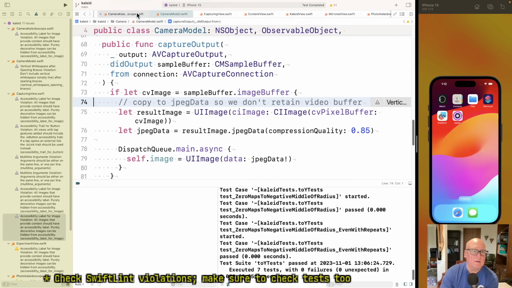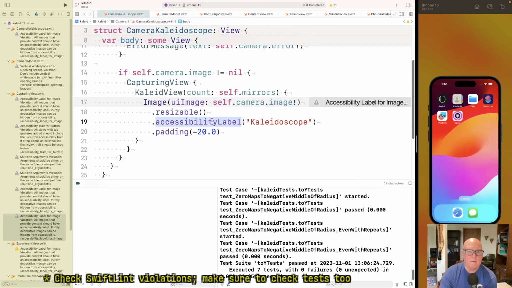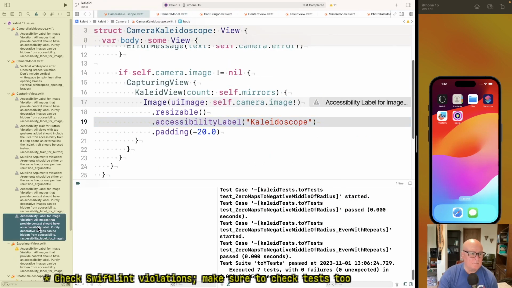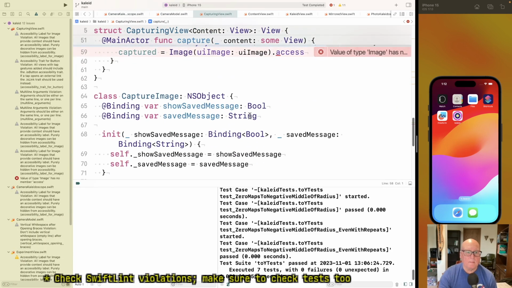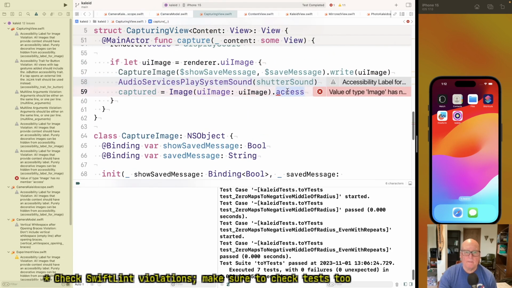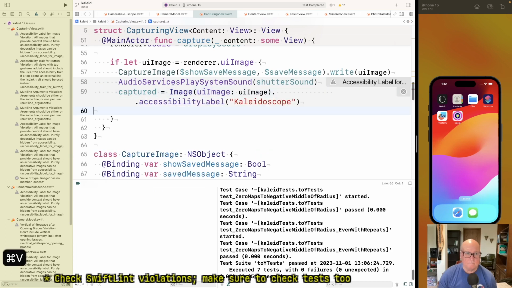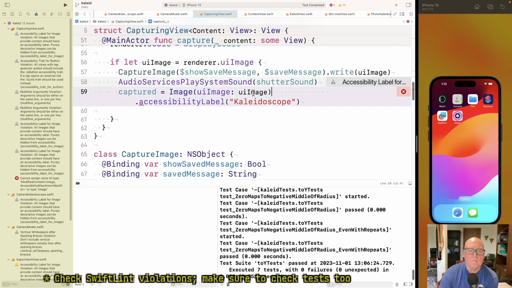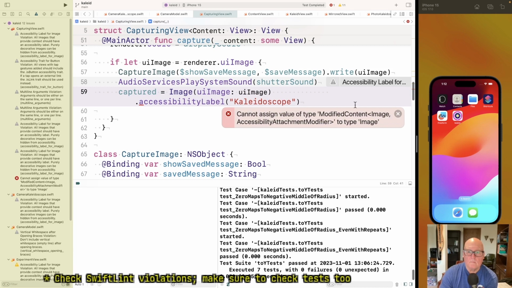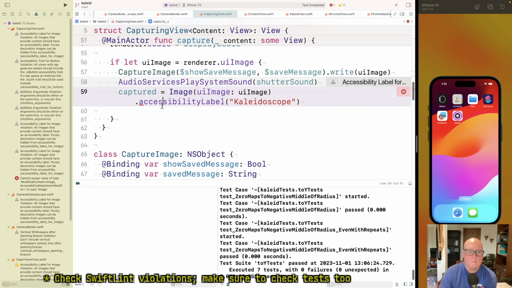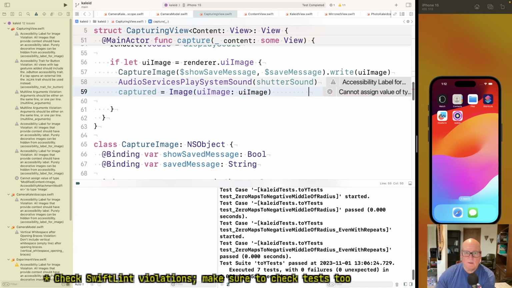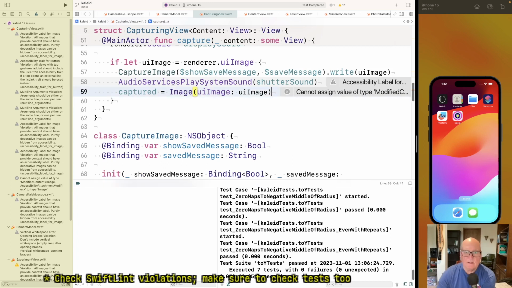What do we do here? This one's really odd because it's not really directly displayed.